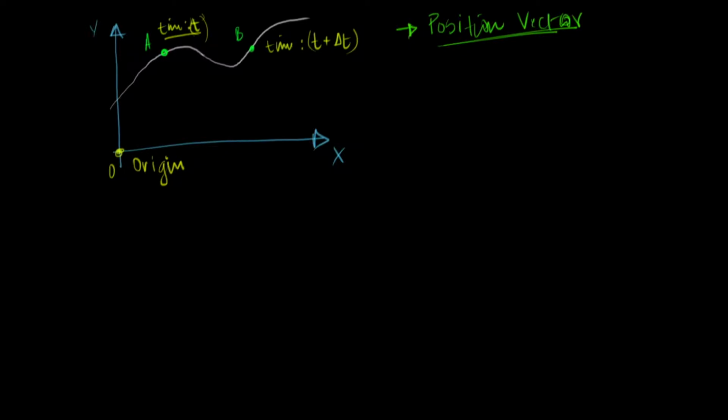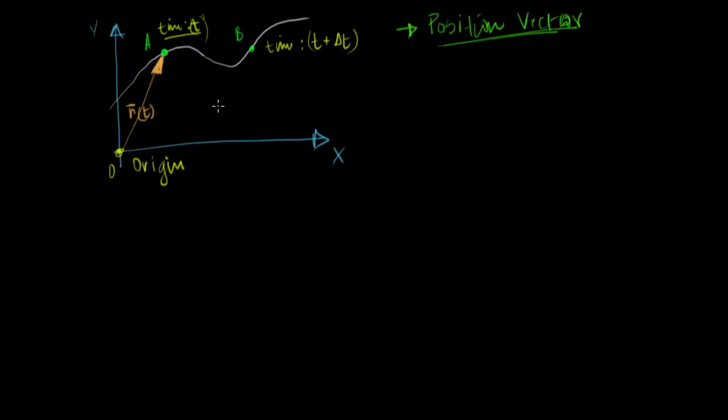The first vector that I'm going to draw connects O and A in this manner. This is the position vector of the particle at time t, and we're going to refer to this as r of t. So this is the position vector, that's why you have r with a vector sign, as a function of time, and this is at time t.